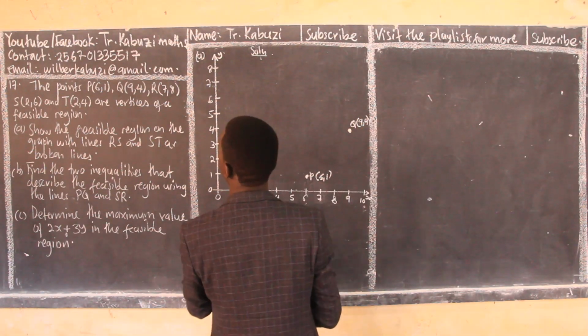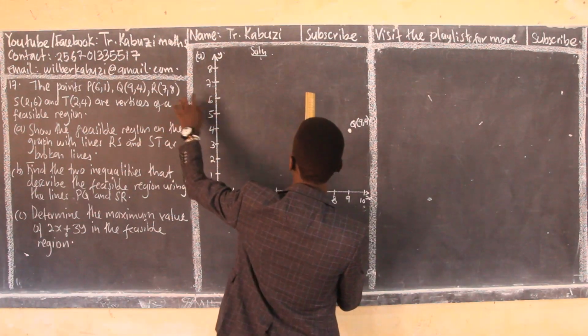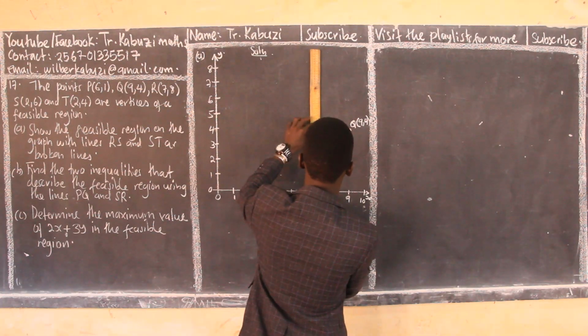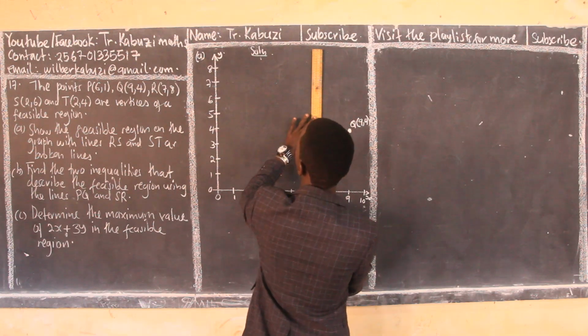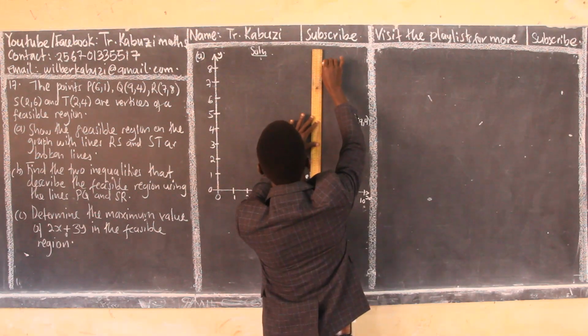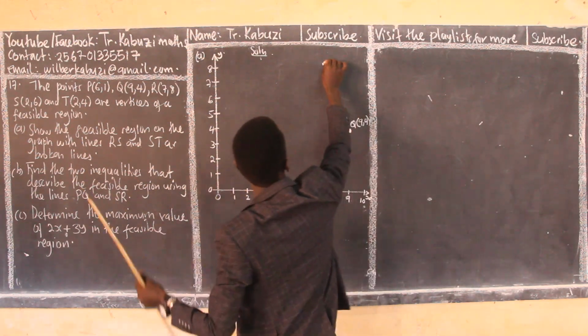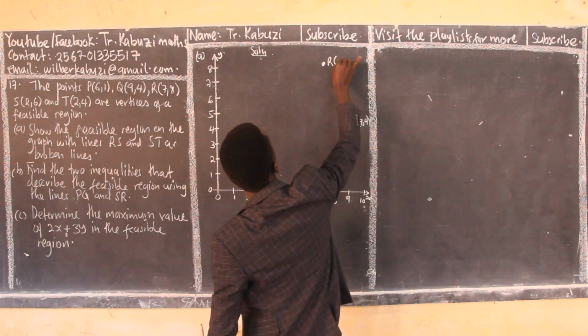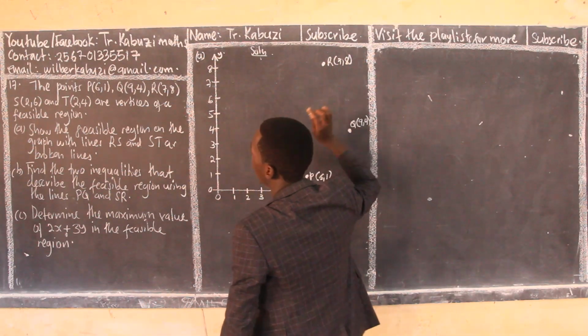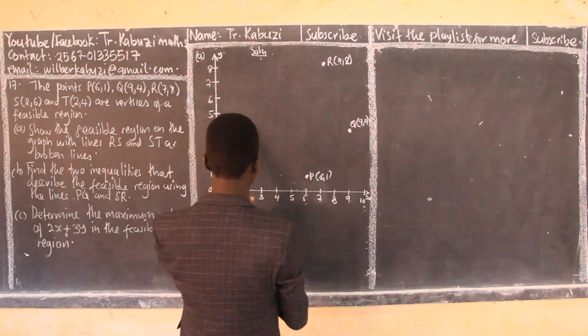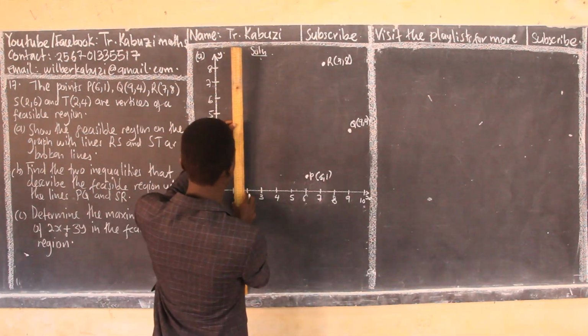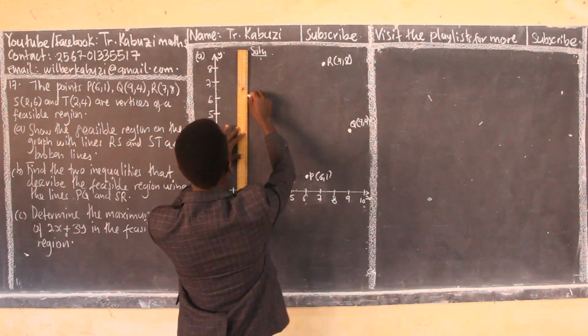Now I go to my point R, which is 7, 8. 7, 8 is somewhere there. This is my R, 7, 8. Then I go to S, which is 2, 6. I think you can see where my 2, 6 is.